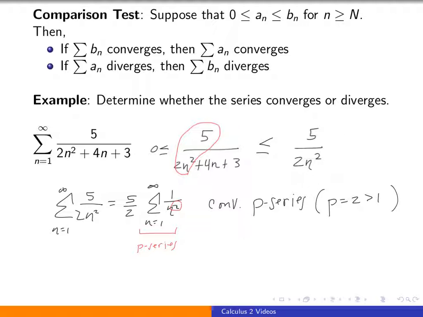And now we can make our conclusion. The series which we've compared it with is bigger and convergent. So that means anything smaller is also going to converge.